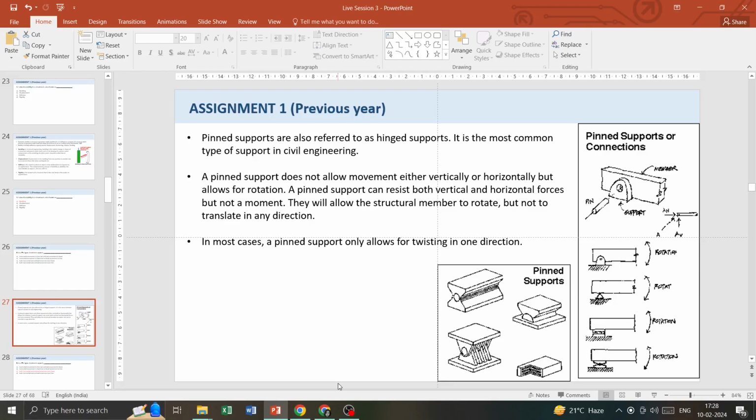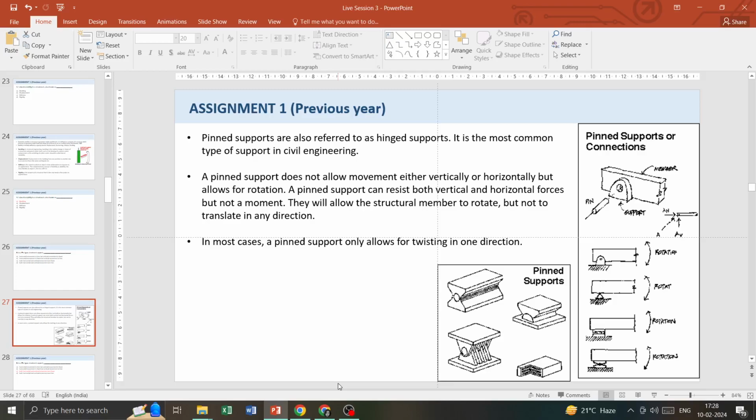So I will explain that clearly in the coming questions. So a pinned support cannot cause horizontal motion, it cannot cause vertical motion, it can only cause rotation. A pinned support can resist both vertical and horizontal forces, but not a moment. They will allow the structural member to rotate, but not to translate in any direction.